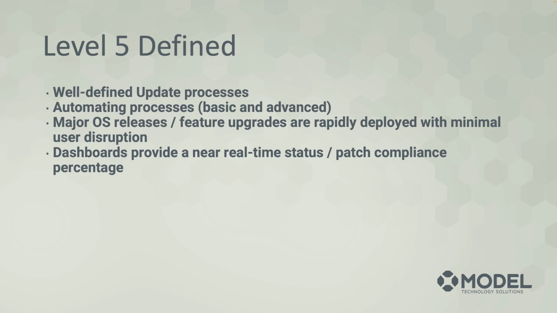And then we have these analytics. We've talked a lot about analytics through this video series. The analytics give you the ability to make strategic decisions based on what's going on in your environment. So by having a dashboard to be able to provide near real-time status of patch compliance and percentage certainly gives you an advantage from a multitude of angles.